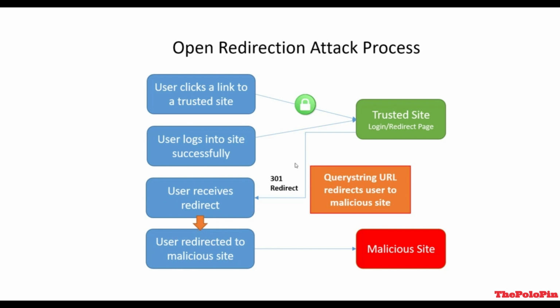They won't be going to the trusted site. Instead, they will be redirected to the malicious site. The user can input anything in this malicious site, and the hacker can access that information of the user from this malicious site. So redirection can also be a powerful attack in the case of XSS.